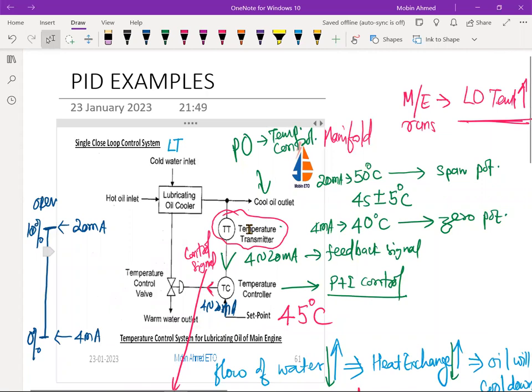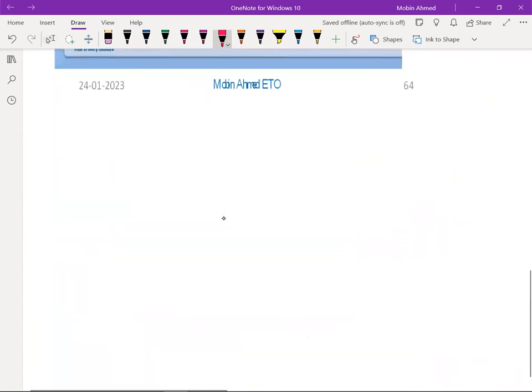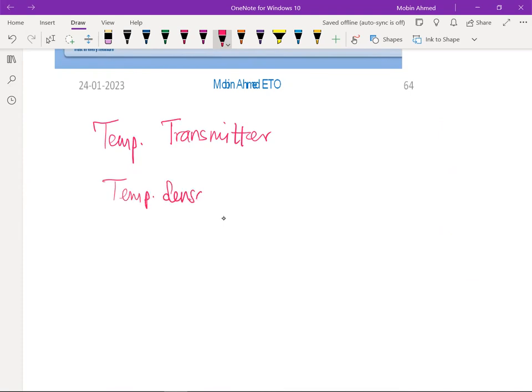Now, a temperature transmitter means there is a temperature sensor and there is going to be the transmitter.